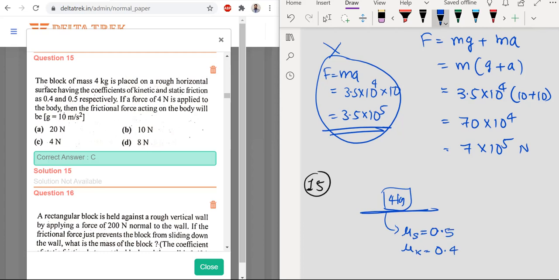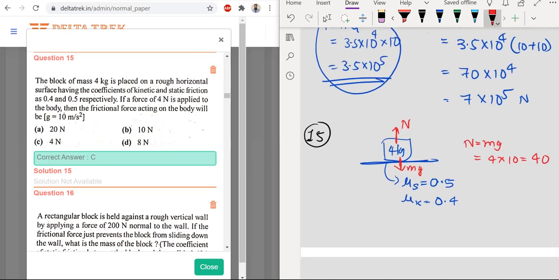So now we know that it is 4 kg. So mg is acting on it, and to overcome that mg, what is acting? Normal is acting. And that normal must balance mg. So that normal will become 4 into g, which is 10, so 40. So this normal is 40.